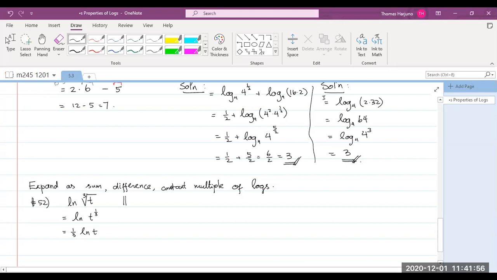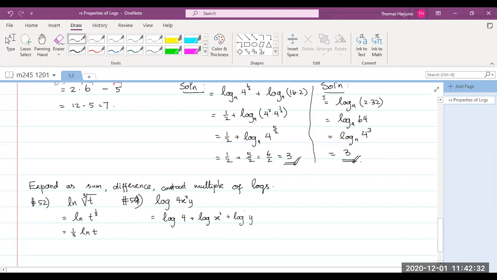Number 54, log without base, so that's base 10, of 4x squared y. Now this is log of product, right? Log of product is sum of log. So this is log 4 plus log x squared plus log y.